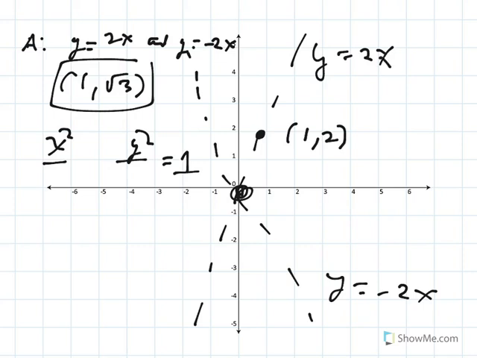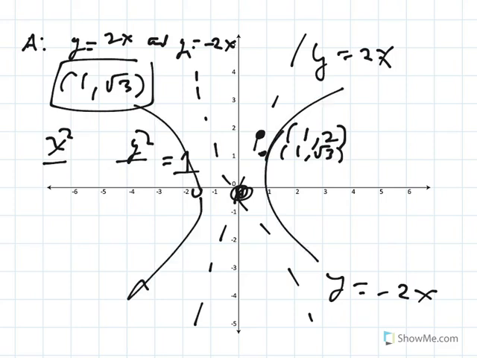Square root of 3 is a little bit less than 2. So underneath it, here is (1, square root of 3). And that means my branches go this way. It means I have a plus here and a minus here. I could even call this a squared and b squared now just to get a feel.